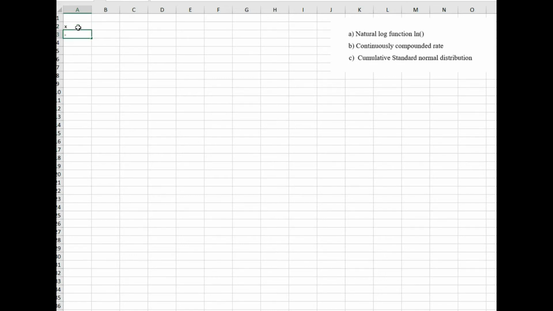We use 0.25 as the incremental value, -2.75, and we copy and paste, up to 3.